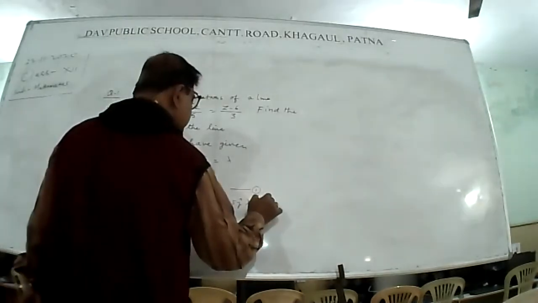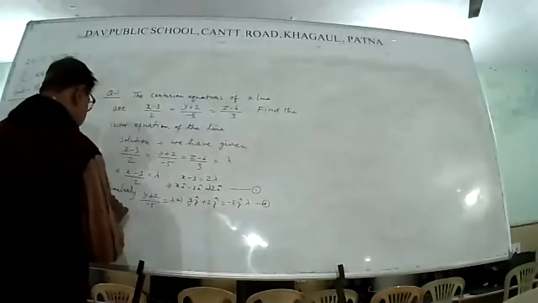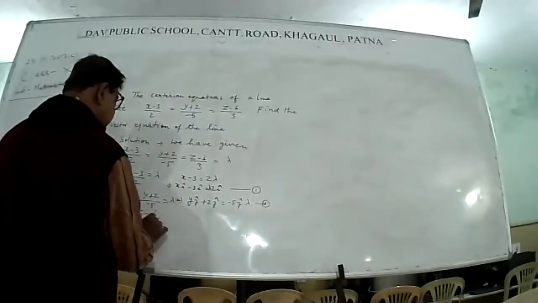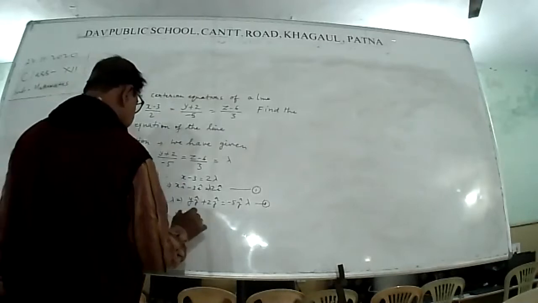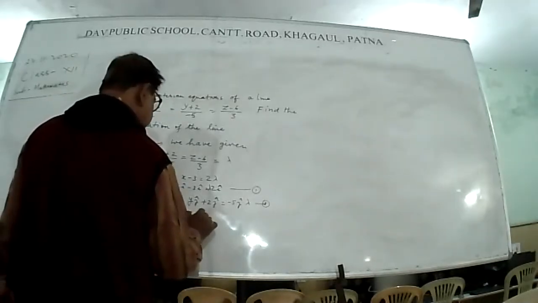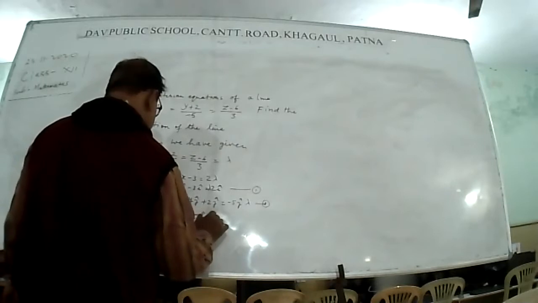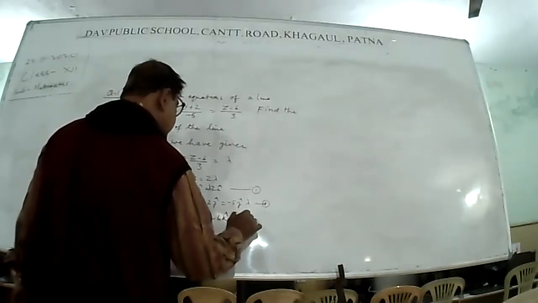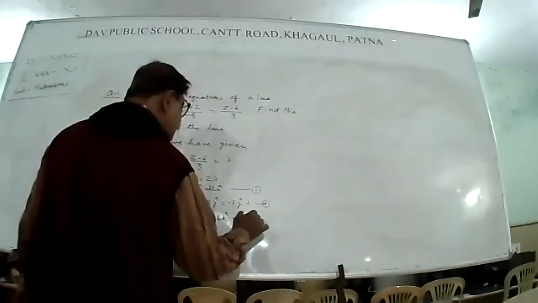Equation first, second, and also (z minus 6)/3 is equal to lambda.